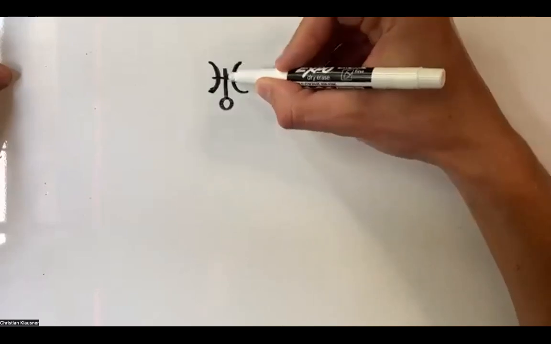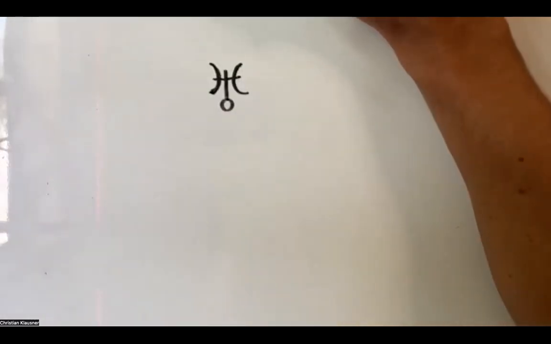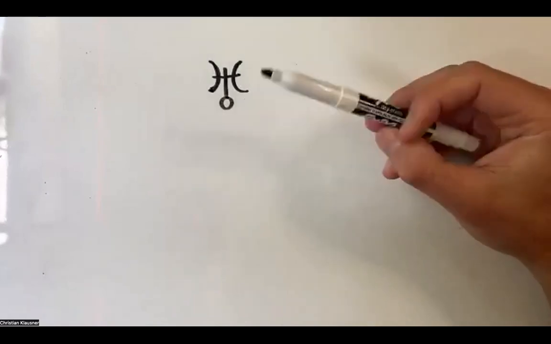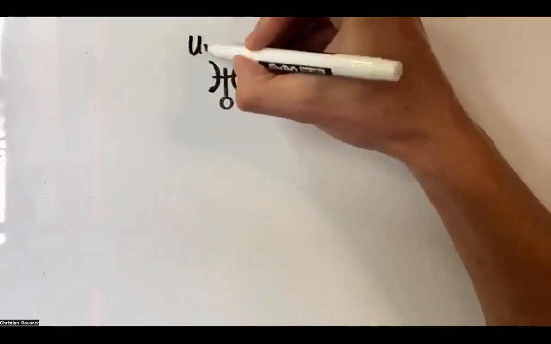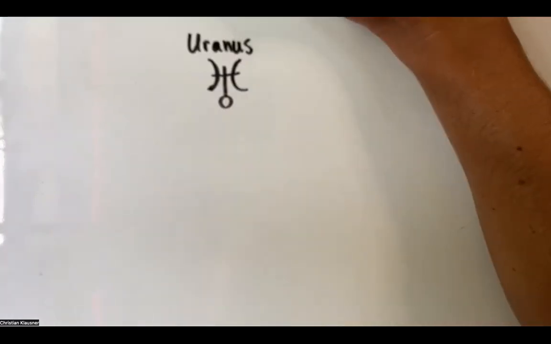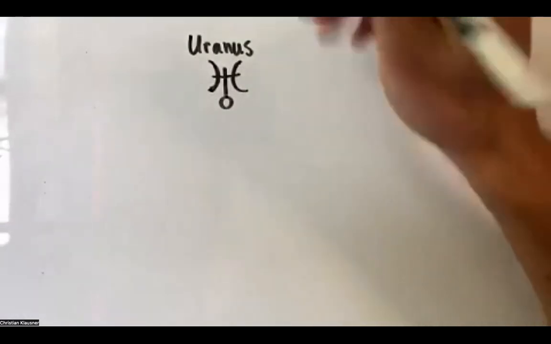And then we've got a line going through vertically and then a circle there. That's the symbol for Uranus. You can call it your anus if you want to say the word anus. I don't really know why you'd want to do that, so I say Uranus.